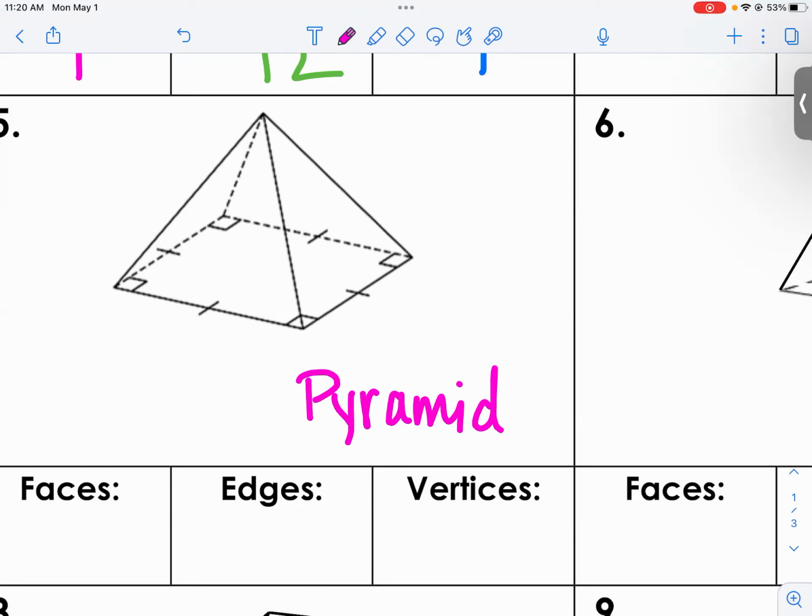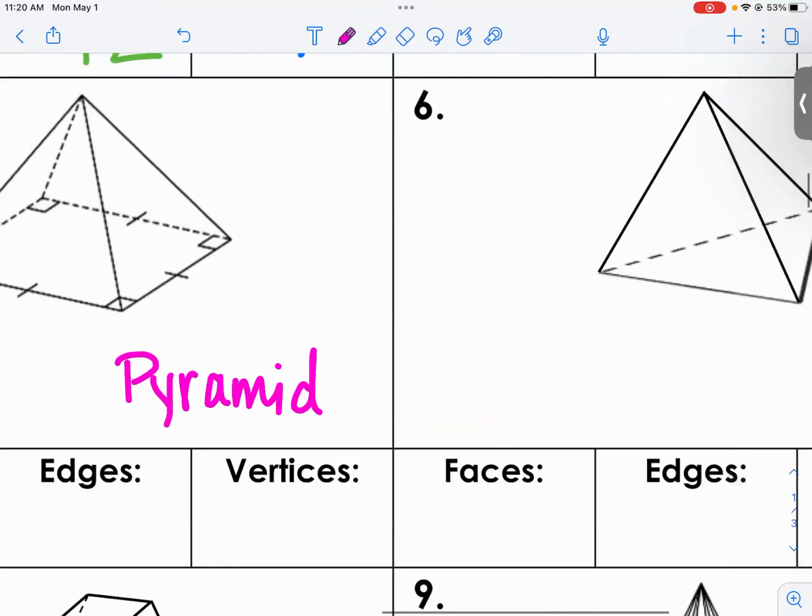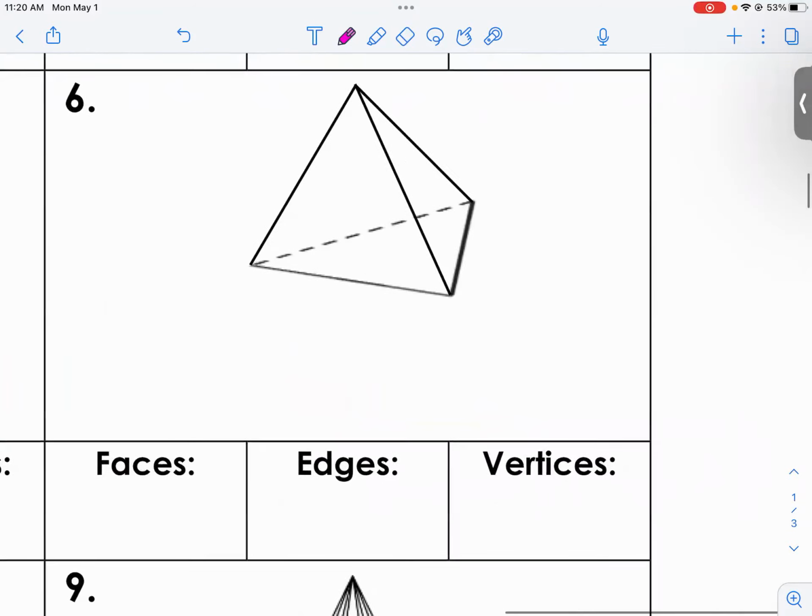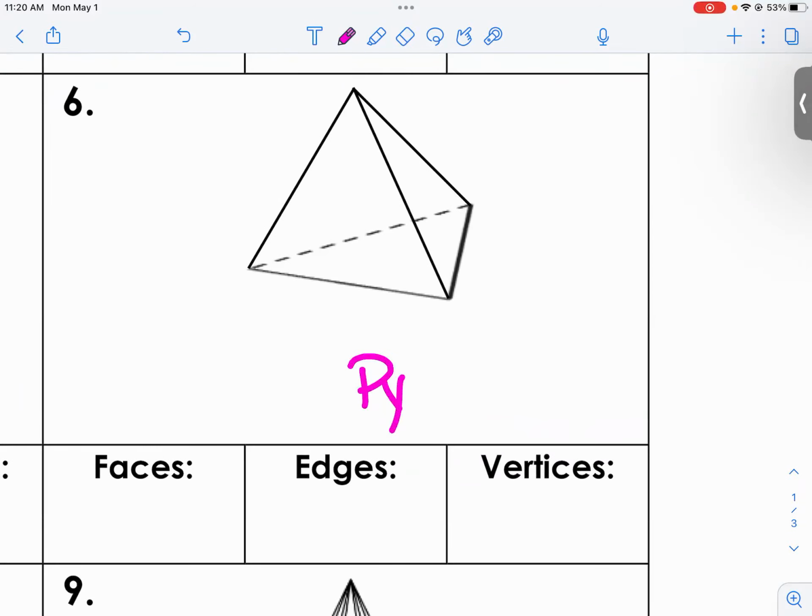I need you to tell the difference between a pyramid and a prism. Can you do that? Yeah. Okay, what about this? That's a pyramid. So since this is a triangular pyramid, it's actually called a tetrahedron. You will never need to know that. Just a fun fact.